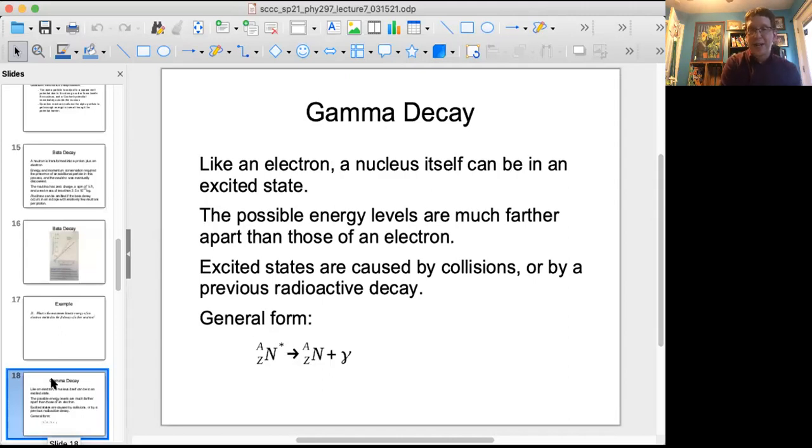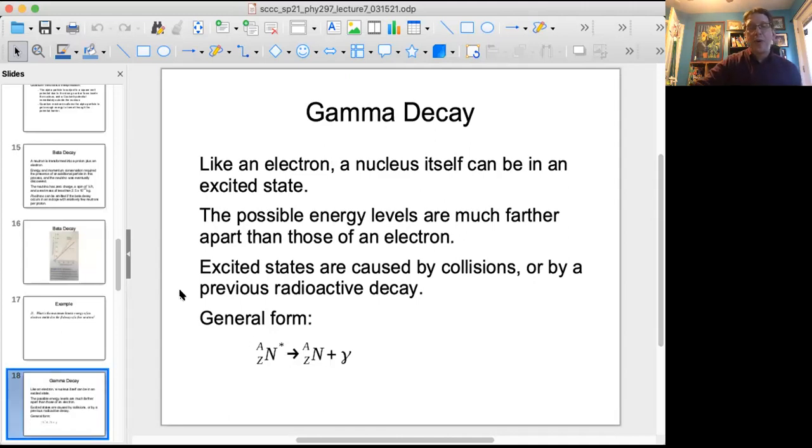That's why you have the gamma rays. Excited states are caused by collisions, or perhaps by a previous radioactive decay that gave the nucleus some energy.